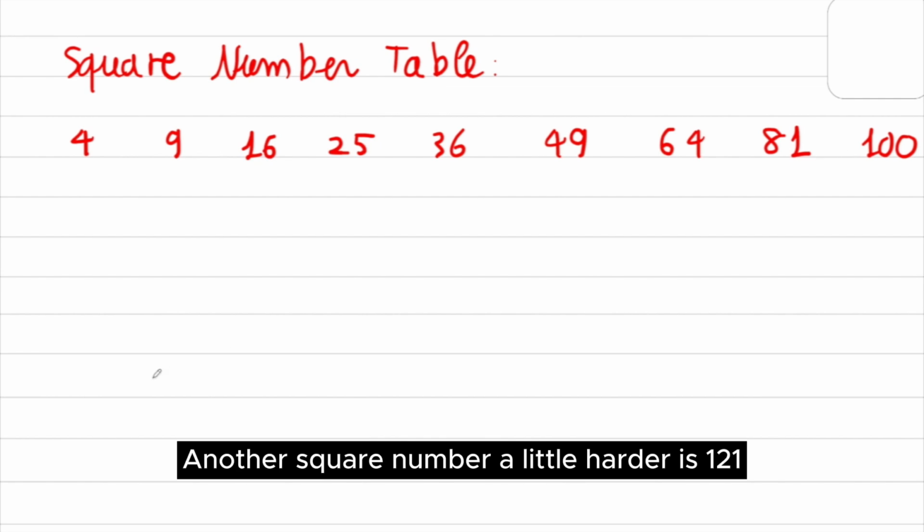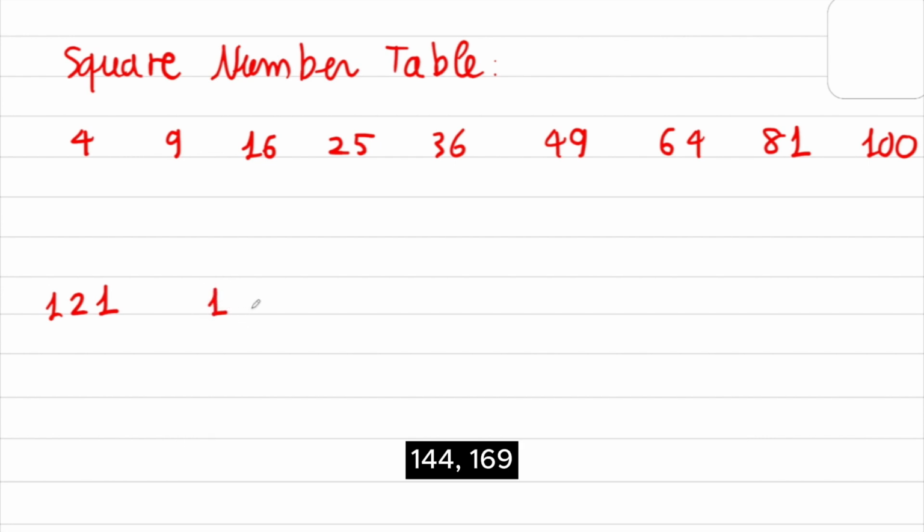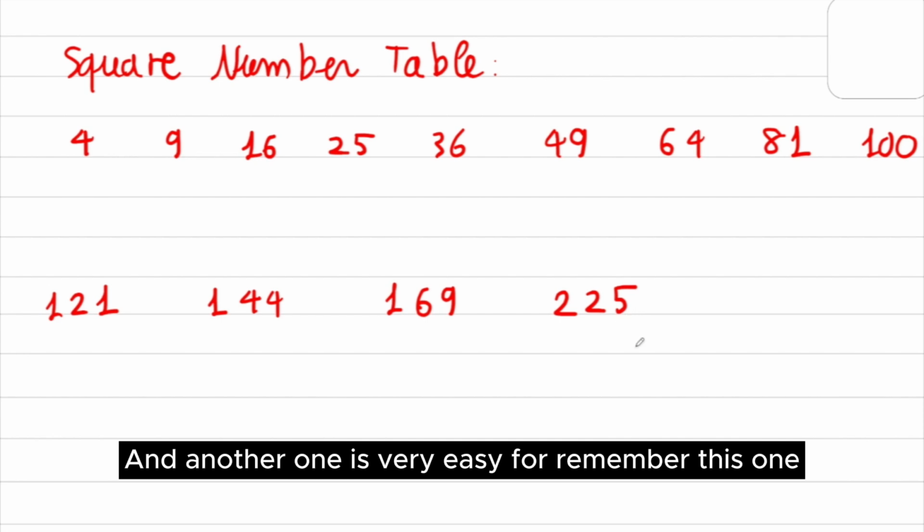Other square numbers, a little harder, are 121, 144, 169, 225, and another one is very easy to remember.